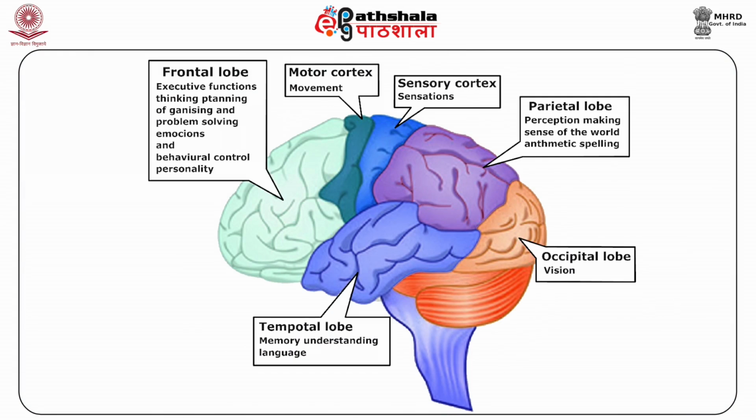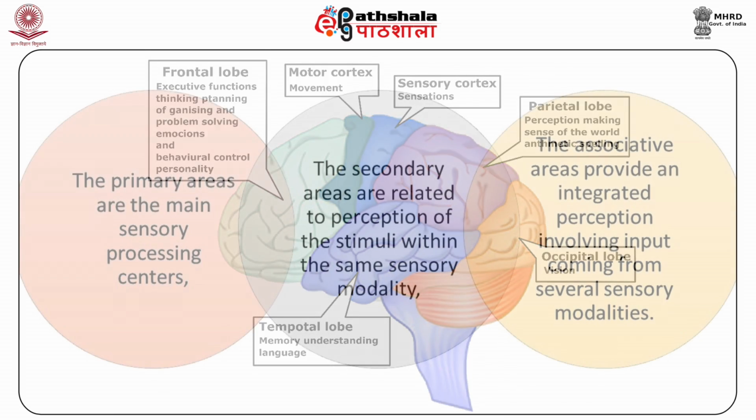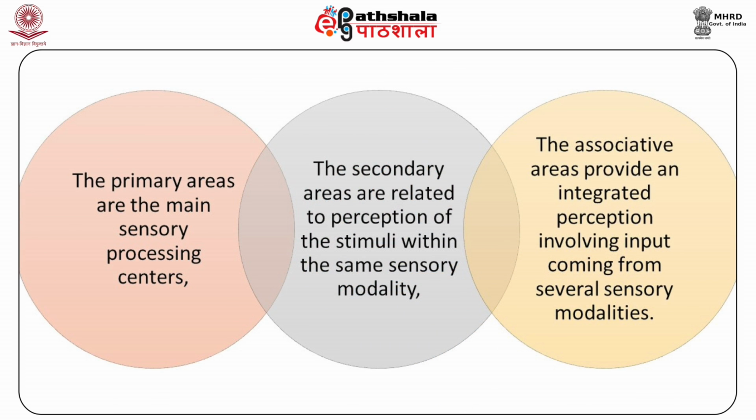There are four major lobes of the brain: the frontal, temporal, parietal and the occipital lobe. The major functions controlled by these lobes are motor and executive, auditory, kinesthetic and tactile, and visual, respectively. Each lobe may be functionally divided into primary, secondary and associative areas.